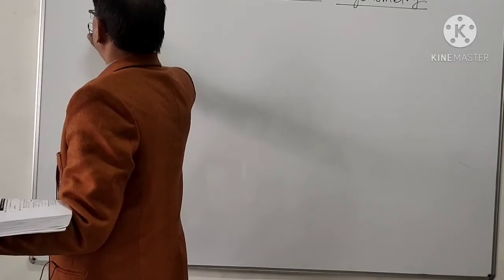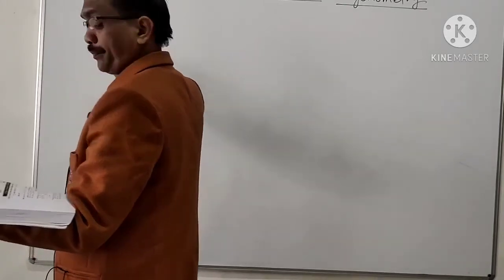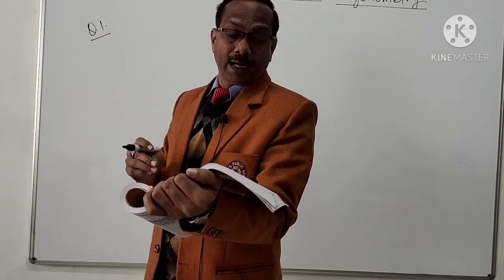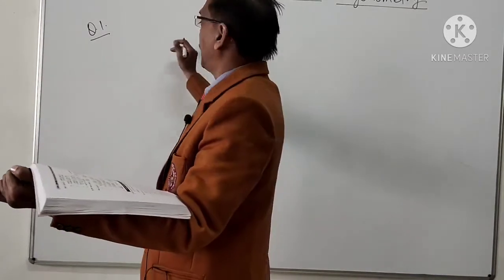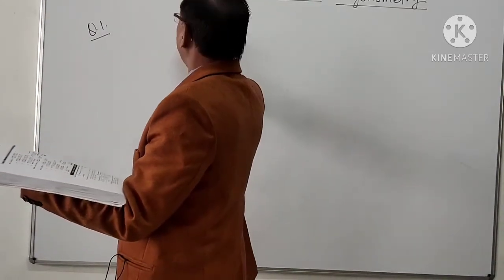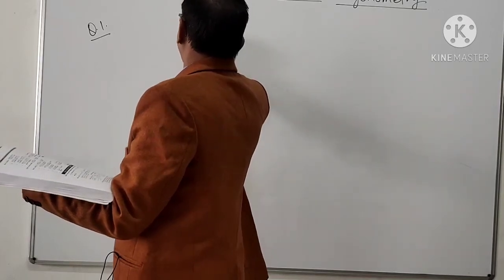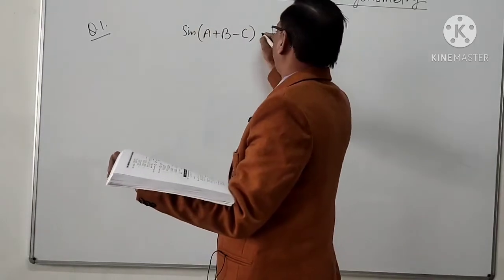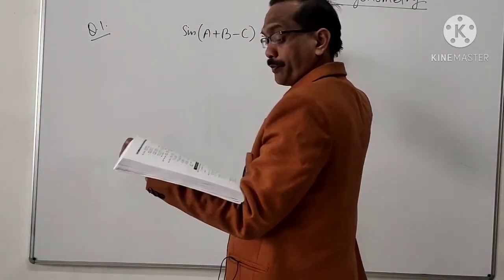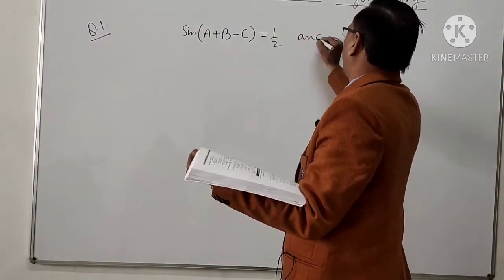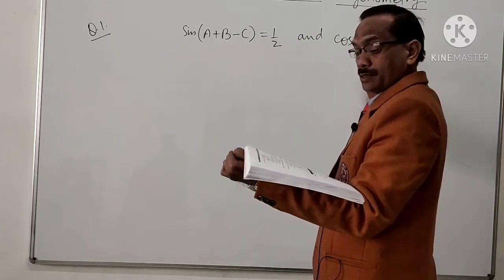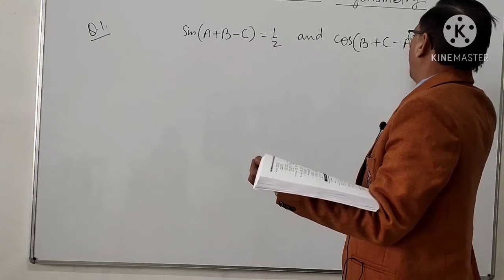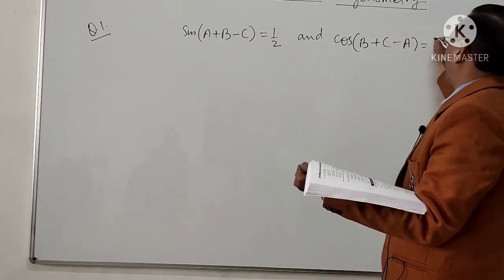Student, question is: in an acute angle triangle ABC, if sin(A + B − C) is 1 by 2 and cos(B + C − A) is 1 upon root 2.